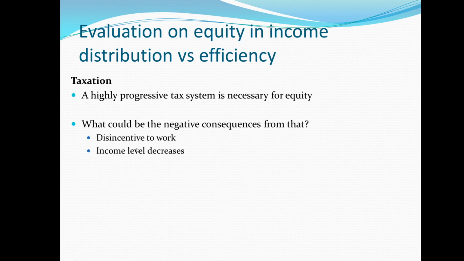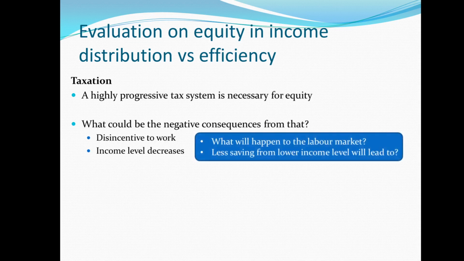But the major effects, I would say, will be easier for you to explain. I would say these two: the incentive to work, and income level decreases. The rest is just the answers that you gave me. So follow the flow.